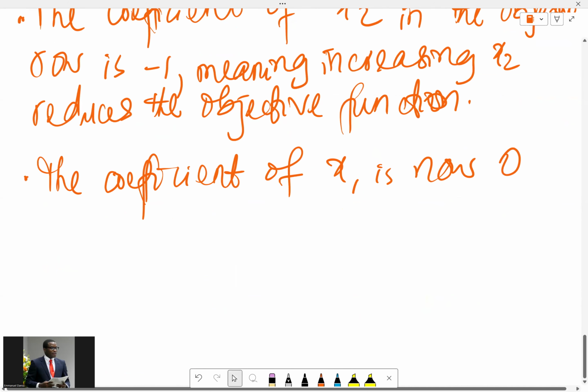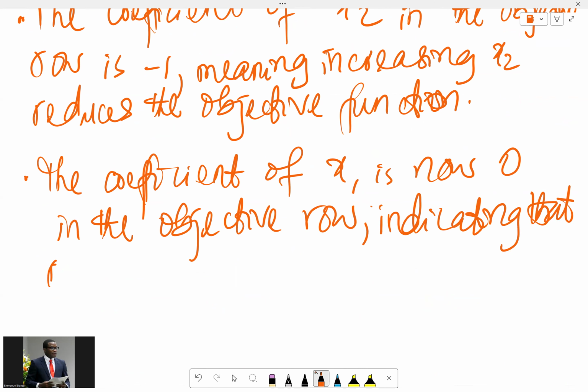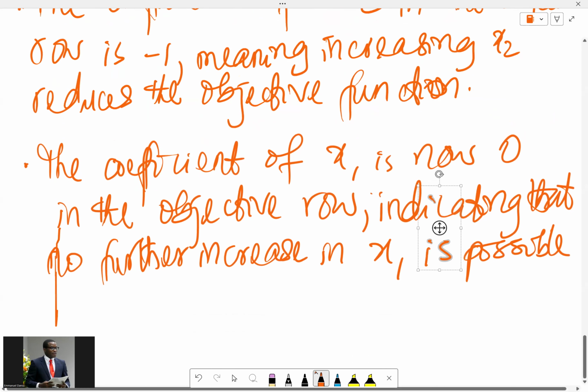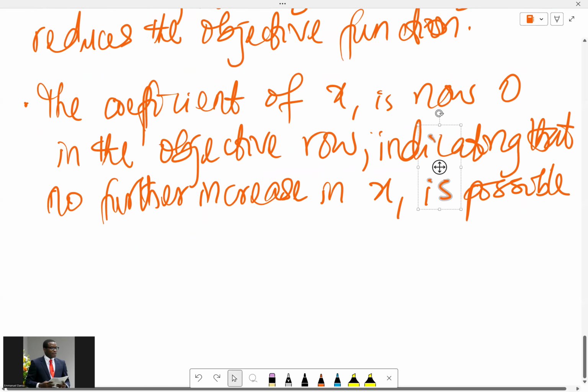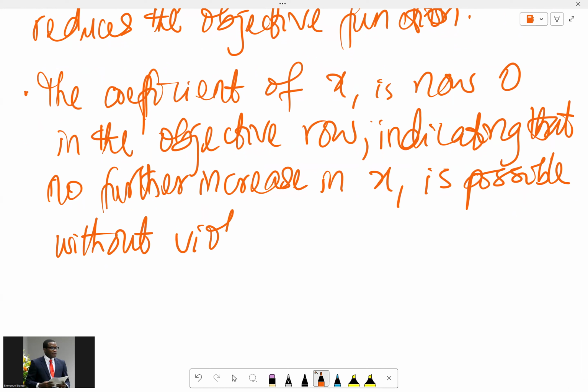The coefficient of x1 is now 0 in the objective row, indicating that no further increase in x1 is possible without violating constraints.